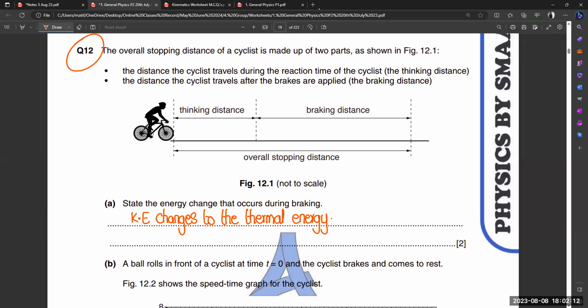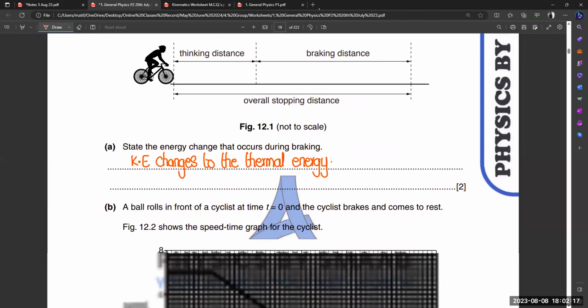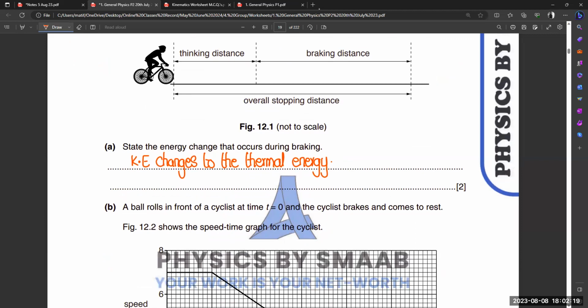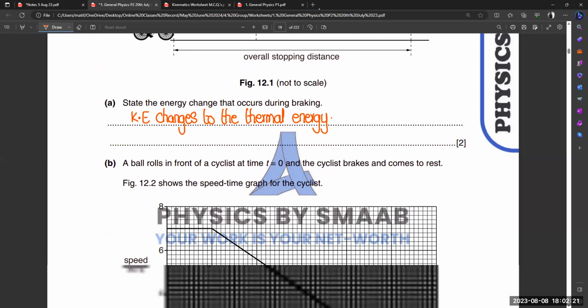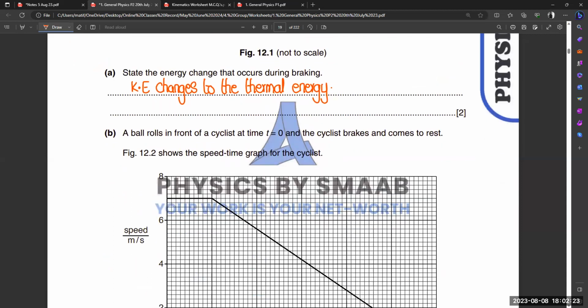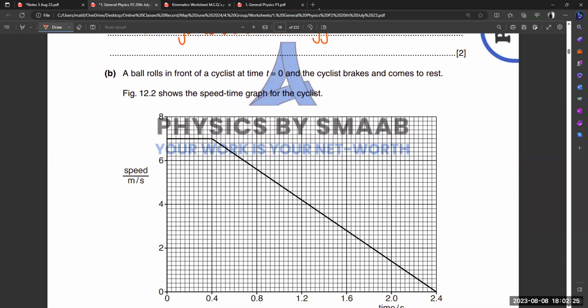We are only writing about one, because we are not going to explain energy; our main concern is to solve the distance or the stopping problems. So next one is the graph. First take a look at the graph, then we will solve what they are asking in the question.